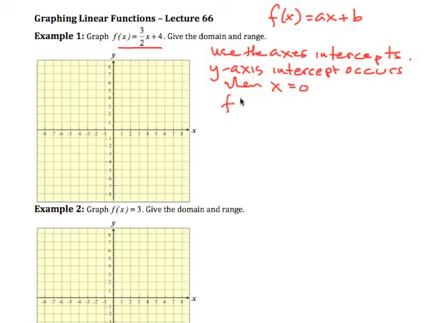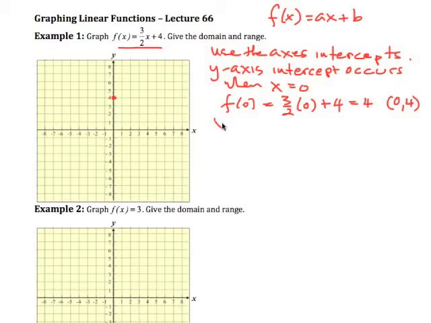So I find f of 0, which in this case is 3 on 2 times 0 plus 4, and 3 on 2 times 0 is 0, so I just get 4. So the ordered pair I have is (0, 4), and that's this point here.